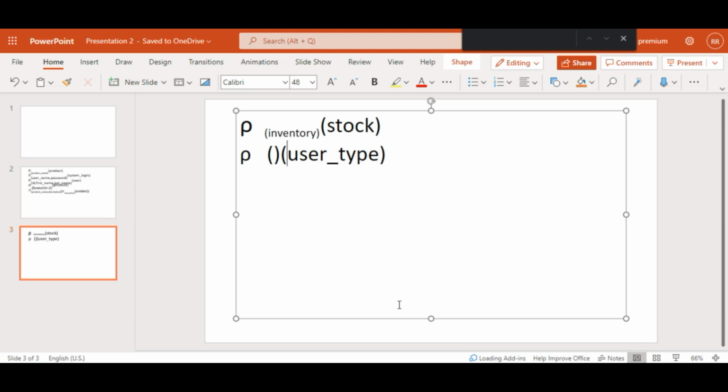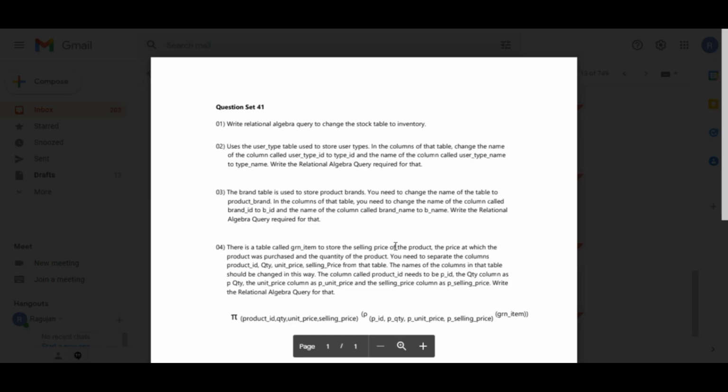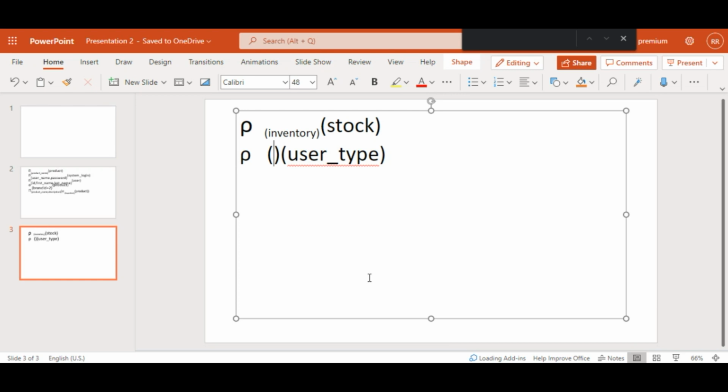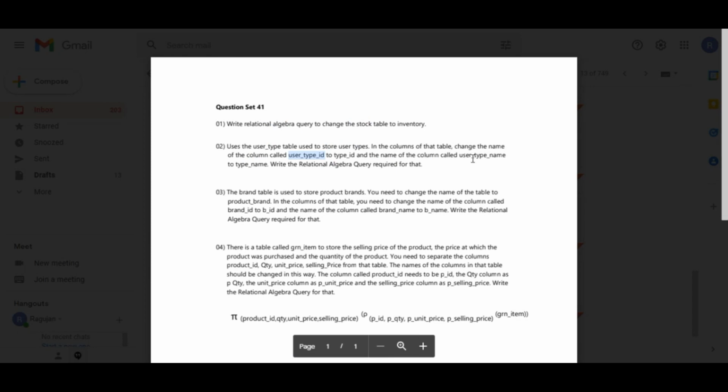And now we have to mention what we are going to rename. So we are renaming the user type ID column name to type ID. Type ID is the new one, and also we have to mention the user type name.